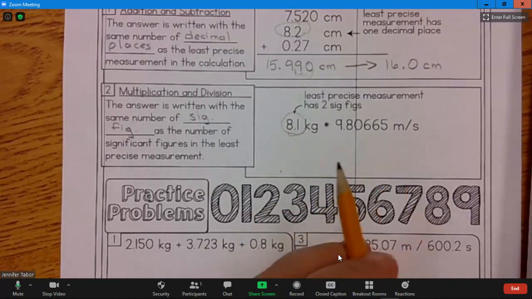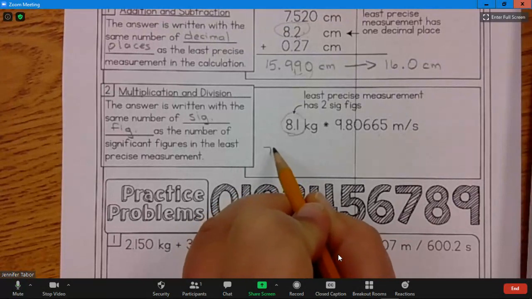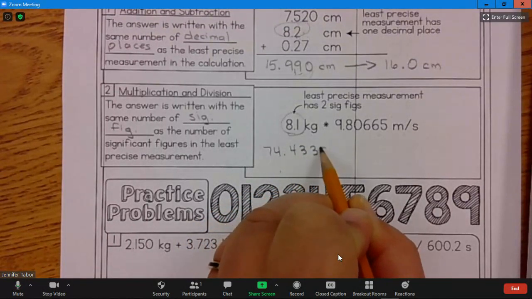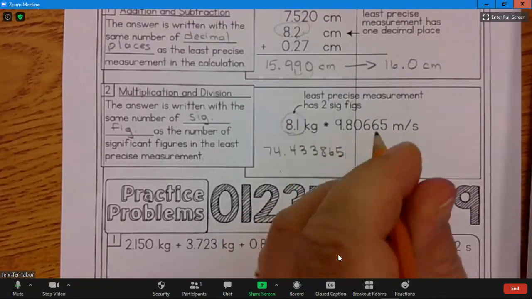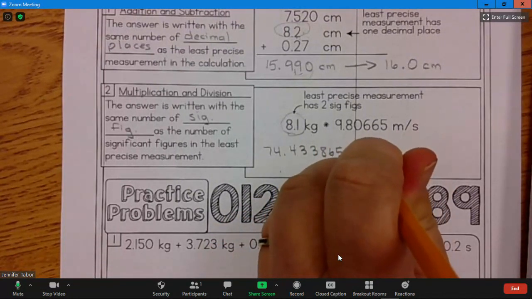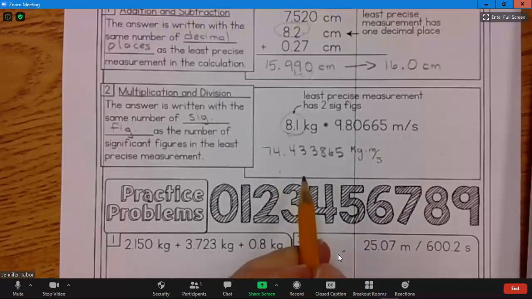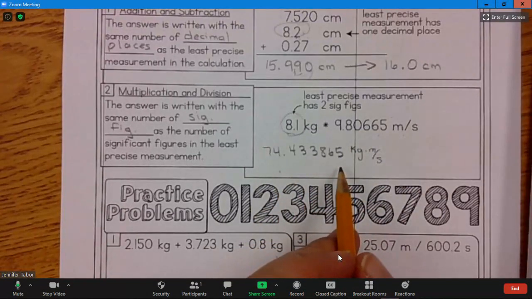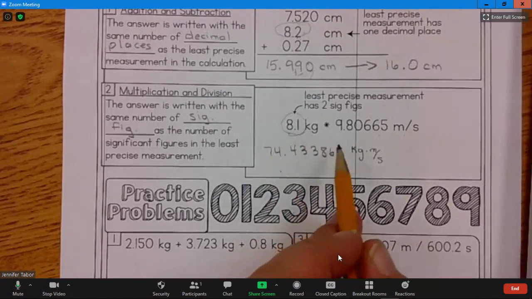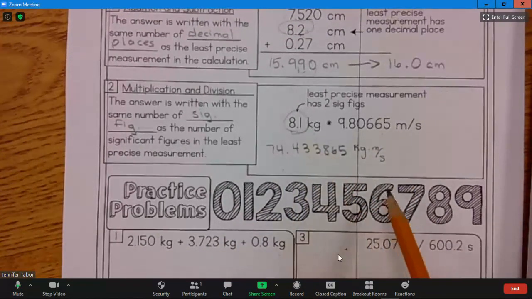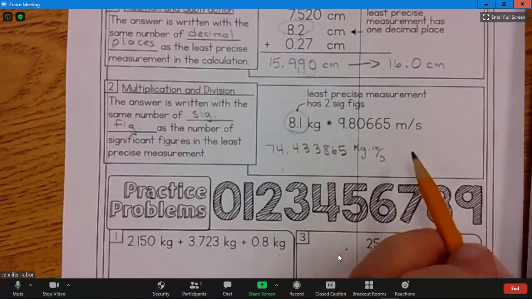Right? So we multiply those two numbers together, we actually get 74.43385. Add in my units, kilograms times meters per second. Okay. But in order for this answer to be correct, and anytime you guys do quizzes or anything from now on, this will apply. In order for this answer to be correct, it's got to have the correct number of significant figures, which is 2.